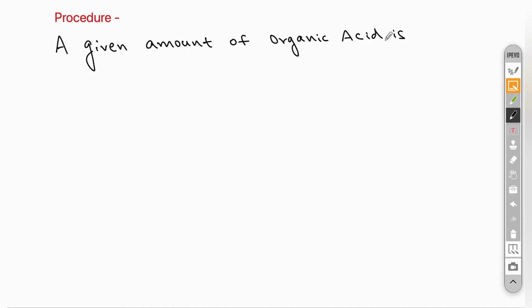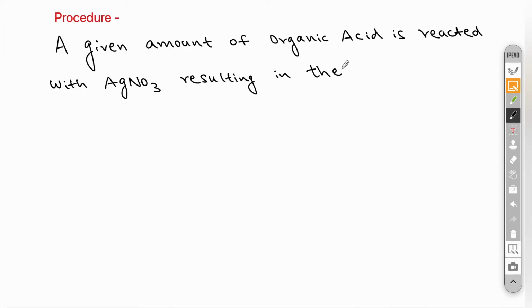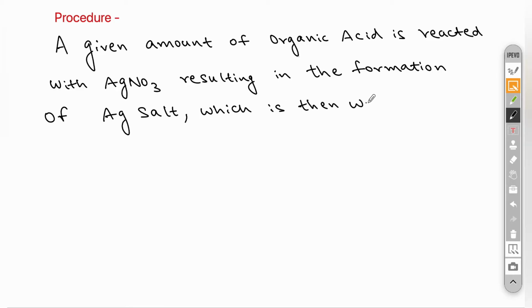Here we will write the procedure for the silver salt method. A given amount of organic acid is reacted with AgNO3, silver nitrate, resulting in the formation of silver salt, Ag salt, which is then weighed.